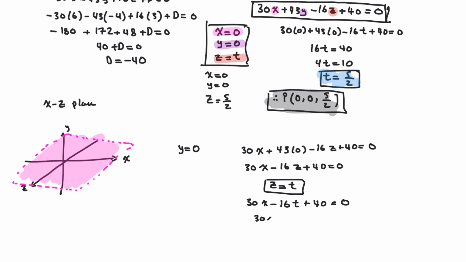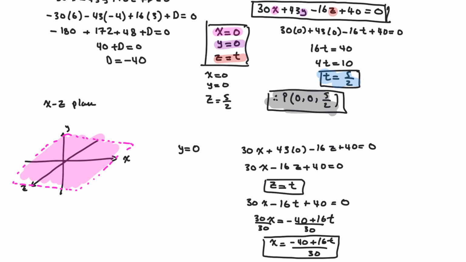So I will have 30x is equal to, I'm going to subtract 40 from both sides, and add 16t to both sides, and I will get this. And finally, I will divide both sides by 30, and I will get x is equal to negative 40 plus 16t over 30.